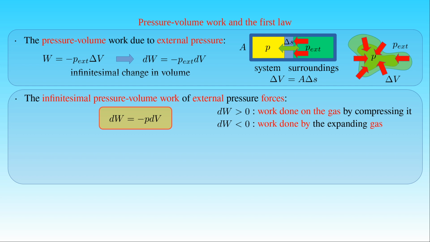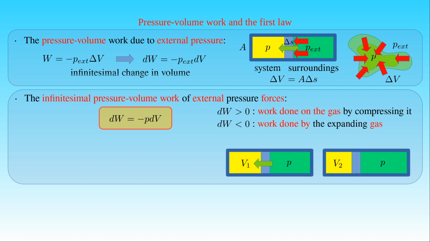This equation only describes the infinitesimal work of the pressure forces. In practice, we also want to determine the total pressure volume work of a complete thermodynamic process, where an ideal gas with the initial volume V1 is compressed so that it will occupy the volume V2 in its final state. Formally, we can integrate the differentials in both sides of the equation describing the differential pressure volume work.